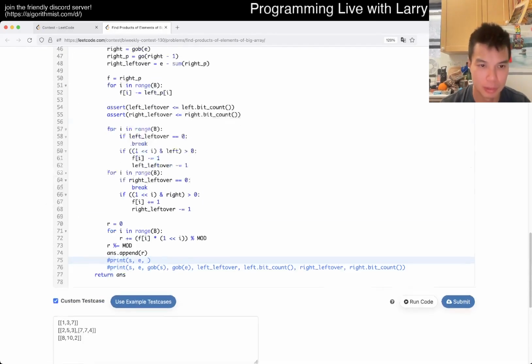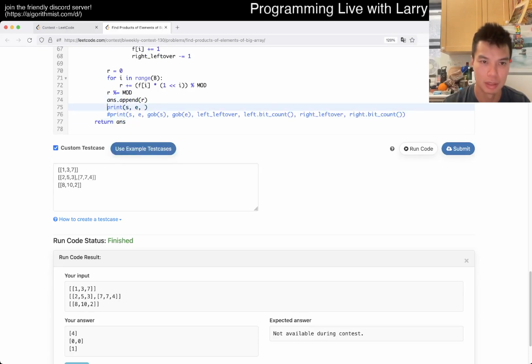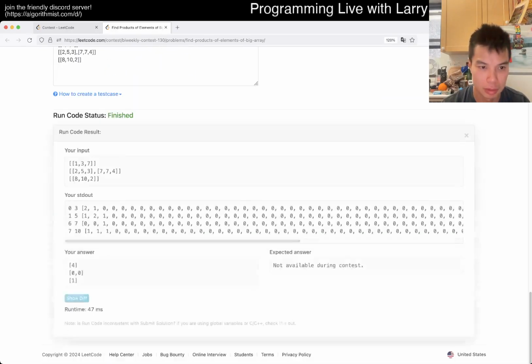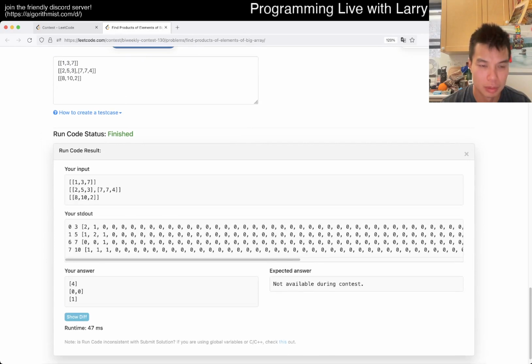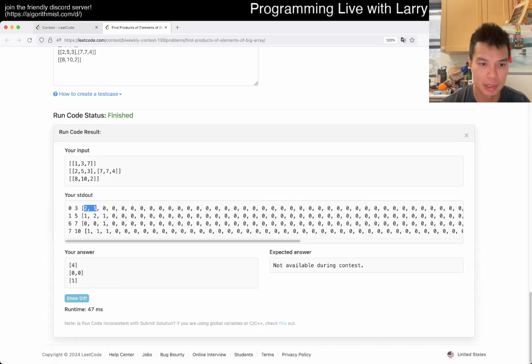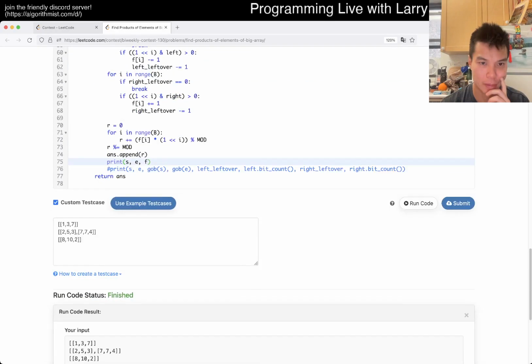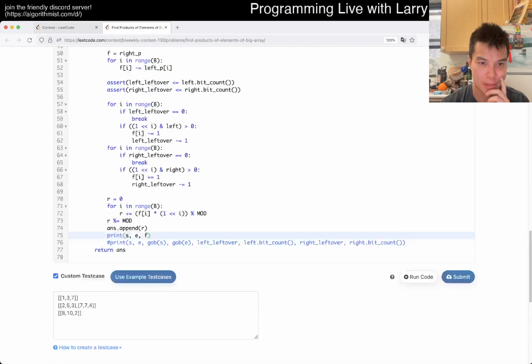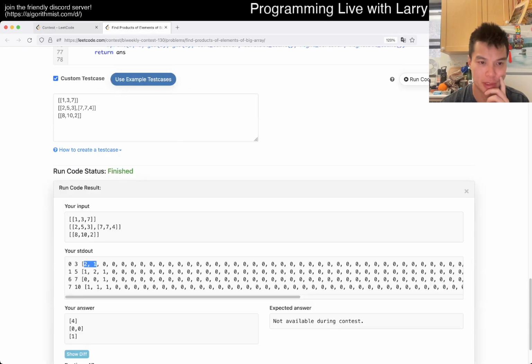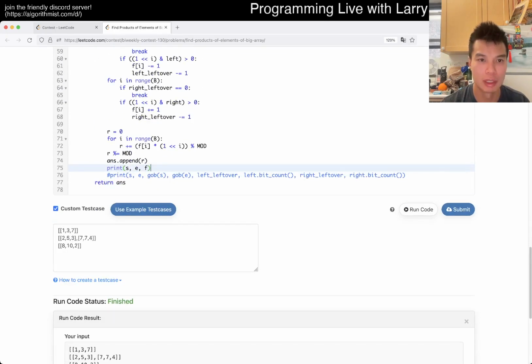Yeah, 2 to 5. Is this even right? I think this is actually wrong. We're just maybe a little bit lucky. Two. Yeah, I think this is just lucky. We're wrong here. Okay.